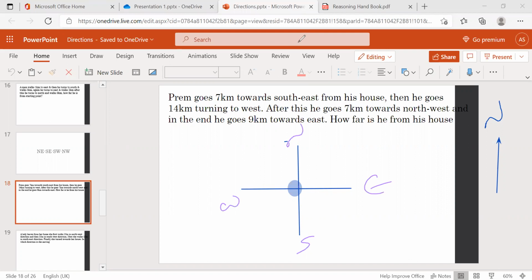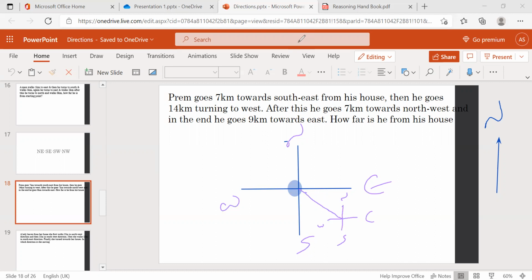Where is the southeast? This one. He goes like this, 7 kilometers. Then he goes 14 kilometers to west. From here, how do we identify west? Every point, we write a simple direction for understanding purpose: this is north, this is east, this is south, and this is west.